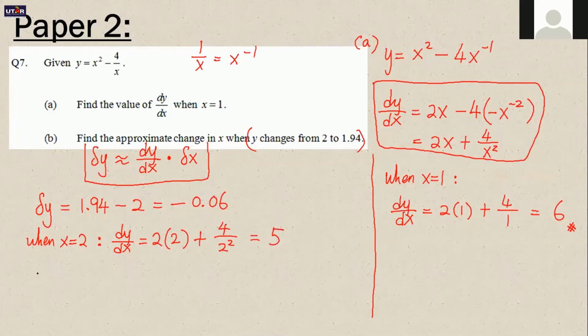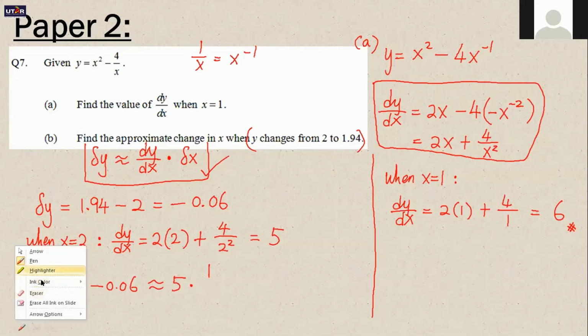Okay? So hence, substitute into the formula here, I can find the change in x. So the delta y is negative 0.06, approximately equal to dy over dx at the original point 2. So we have 5, then multiply by delta x.